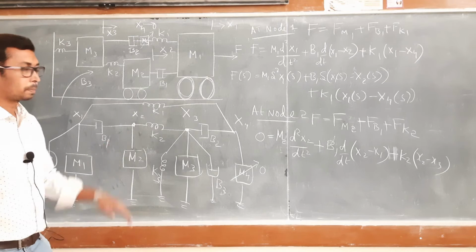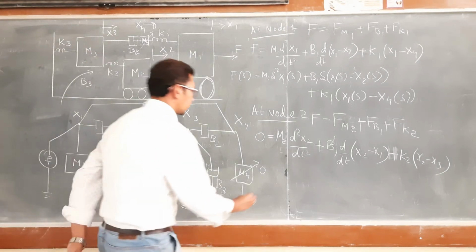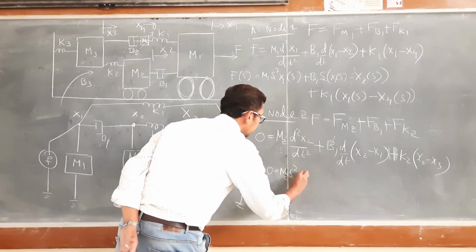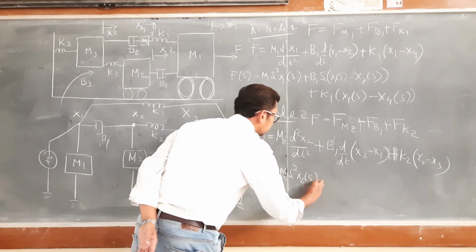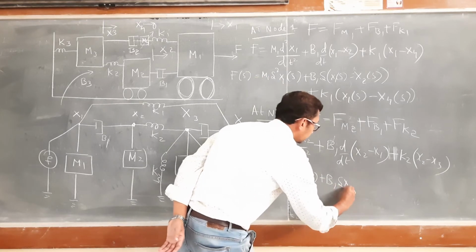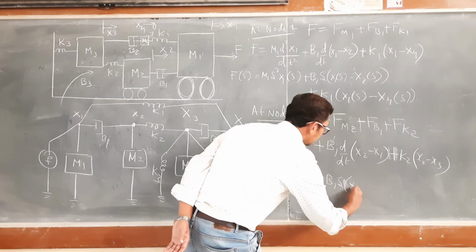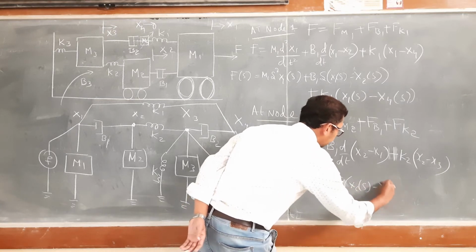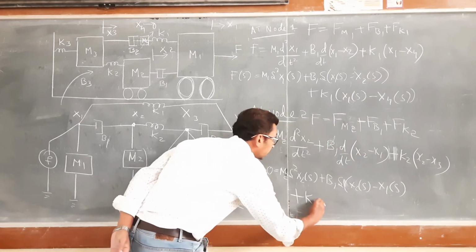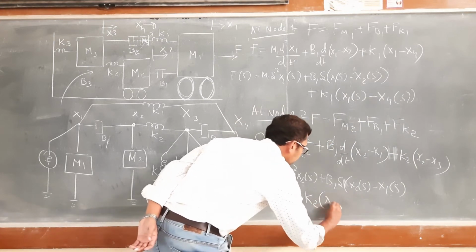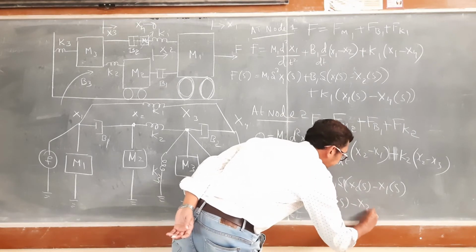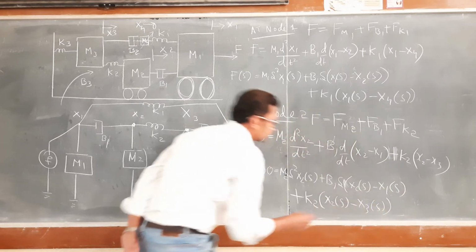So now we are going to apply the Laplace for this. So this comes as 0 equals M2 s square X2 of s plus B1 s (X2 of s minus X1 of s) plus K2 (X2 of s minus X3 of s).